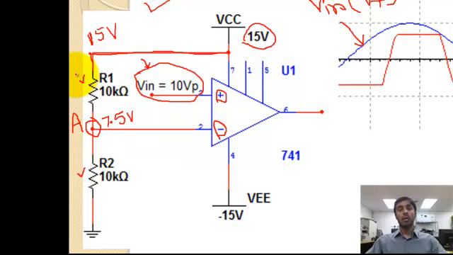R1 is going to carry a 7.5 volt drop, and R2 is going to carry another 7.5 volt drop. So the voltage at point A is 7.5 volts, a constant voltage because the 15 volts is a DC supply. The input signal here is comparing with 7.5 volts.